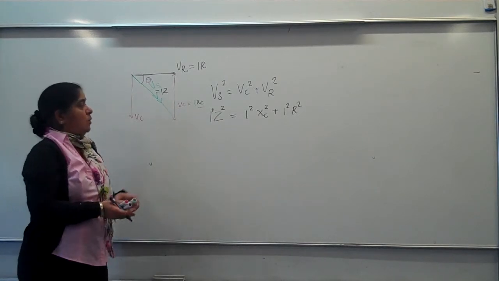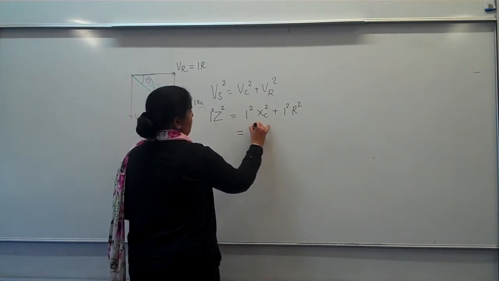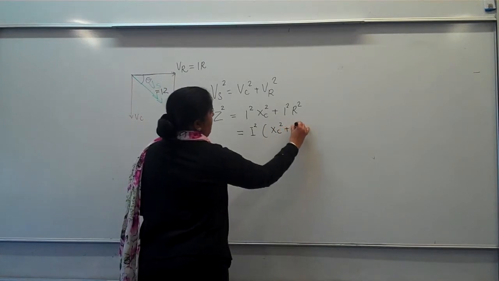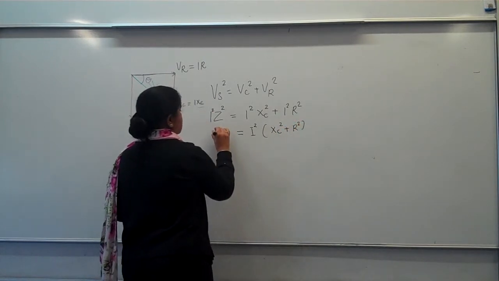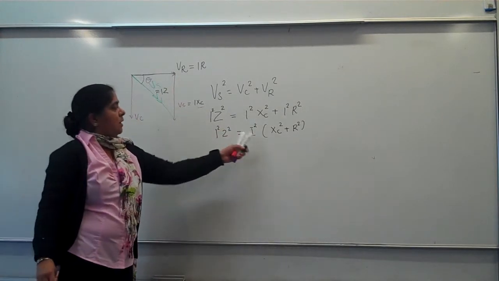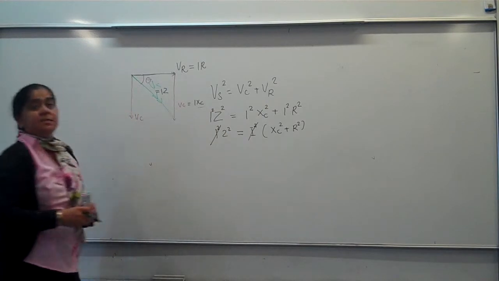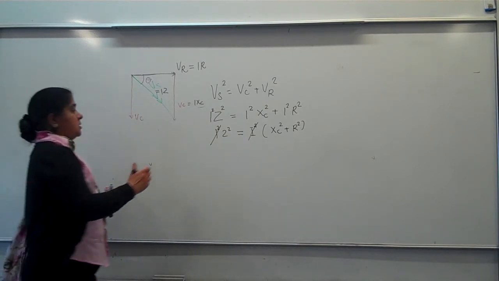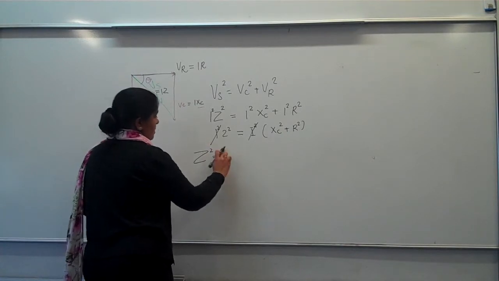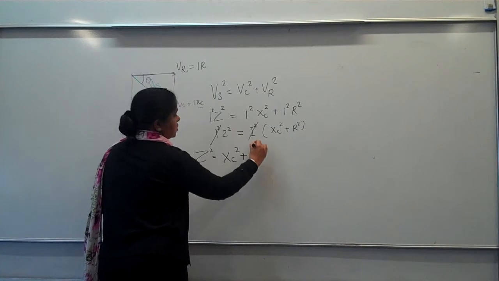Now I am going to take I squared common. XC squared plus R squared times I squared is I squared Z squared. I is common on both sides, so I can cancel them. And what does the equation become? Z squared is XC squared plus R squared.